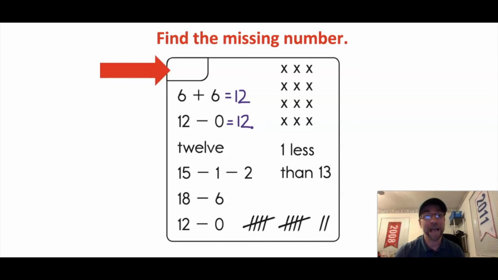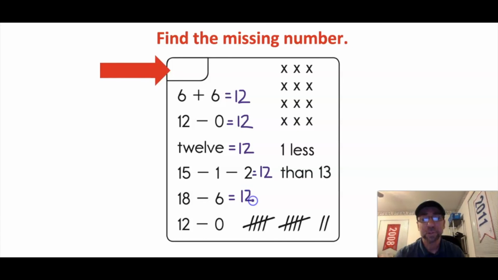I hear a lot of 12s out there, but we have to keep checking. The next one is the word 12. 15 minus 1 is 14, minus 2 more is 12. 18 minus 6, 12. 12 minus 0, 12. 1, 2, 3, 4, 5, 6, 7, 8, 9, 10, 11, 12. 1 less than 13.